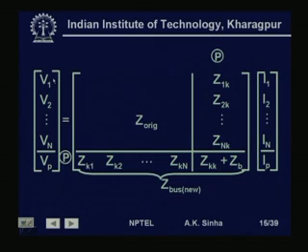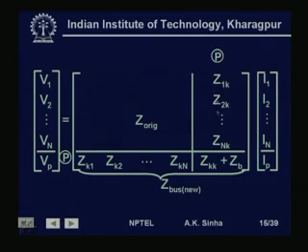So the new voltages will get modified by addition of Zik into Ip, and therefore we have this n plus 1th column, where we will have the elements Z1k, Z2k and so on, which is same as saying the kth column of the original Z bus matrix becomes the column here up to nth element.